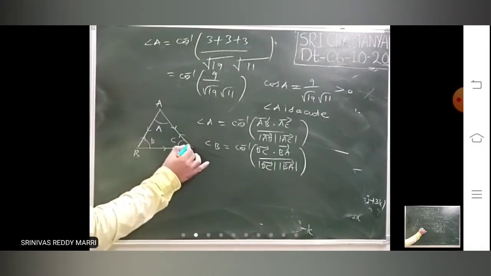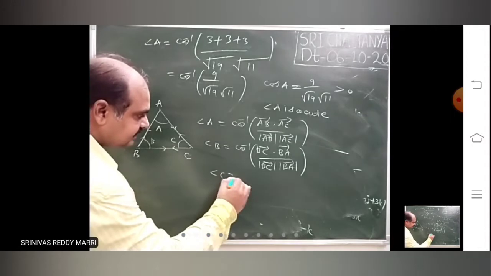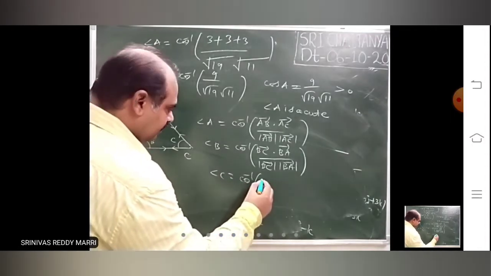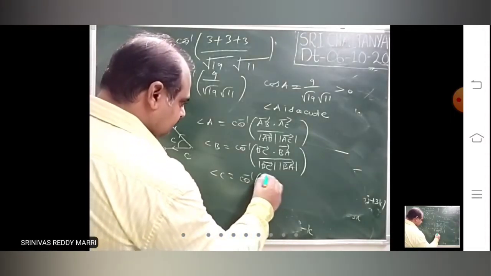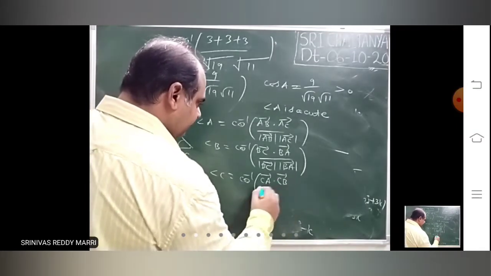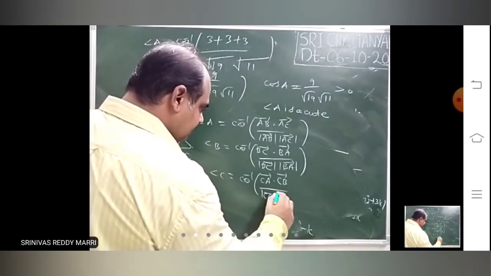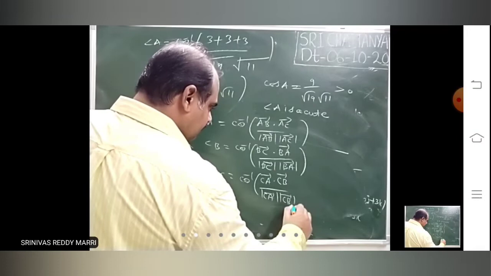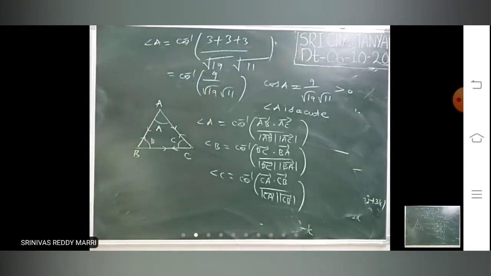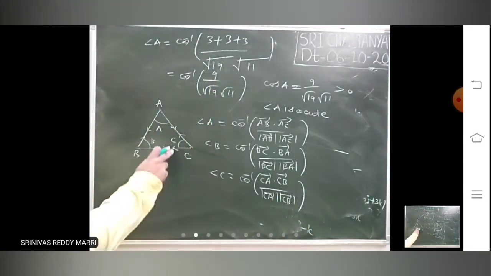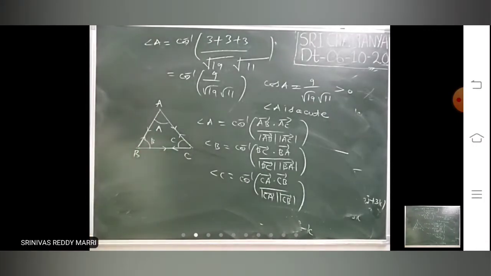What are the vectors? CA bar, CB bar. Angle C is cos inverse of their dot product over the product of moduli. No need to remember the formula. You write the vectors. When you mark the angle and then draw the directions, whatever the angle between the directions, that is angle C.